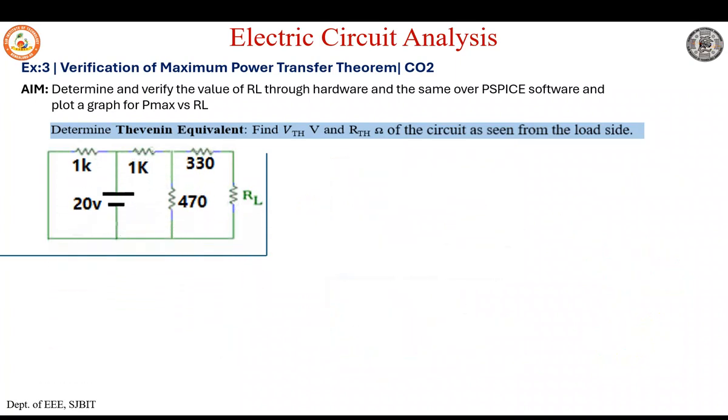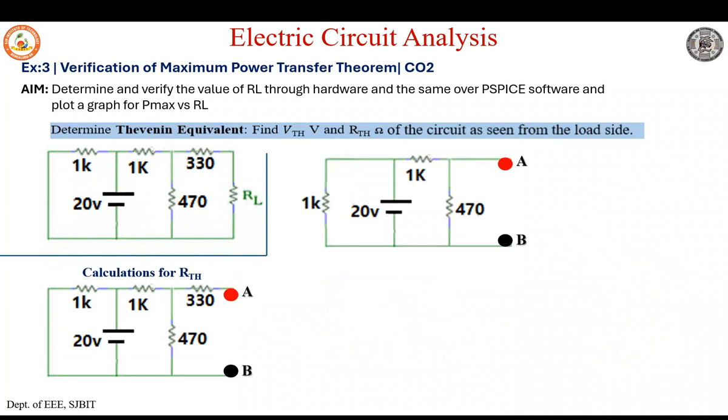Now that we have solved for VTH, let us find RTH. So VTH we have done. To find RTH, we have to make the effect of all voltages and currents 0. Voltage zeros are under short circuit, and current zeros are under open circuit conditions.